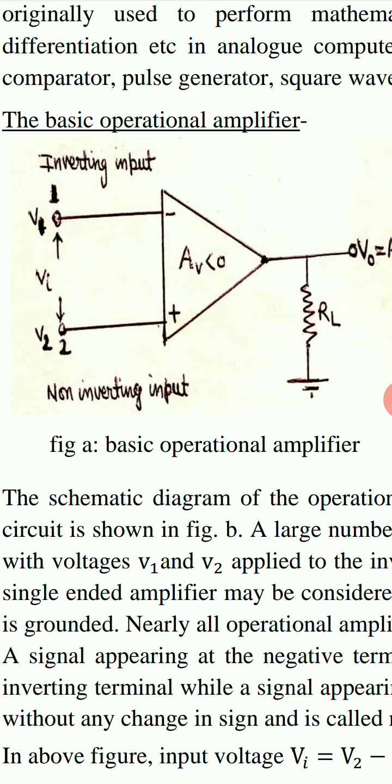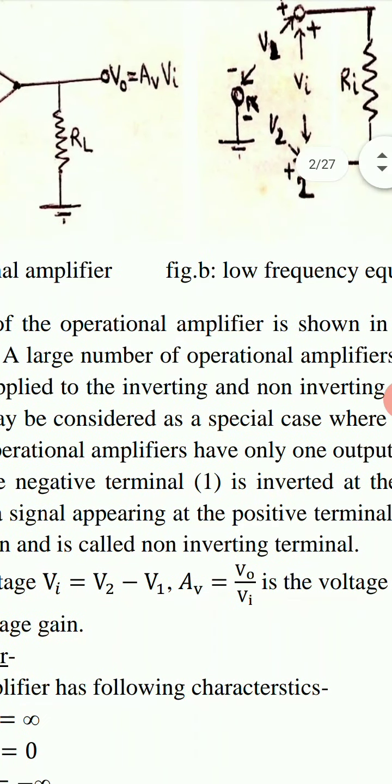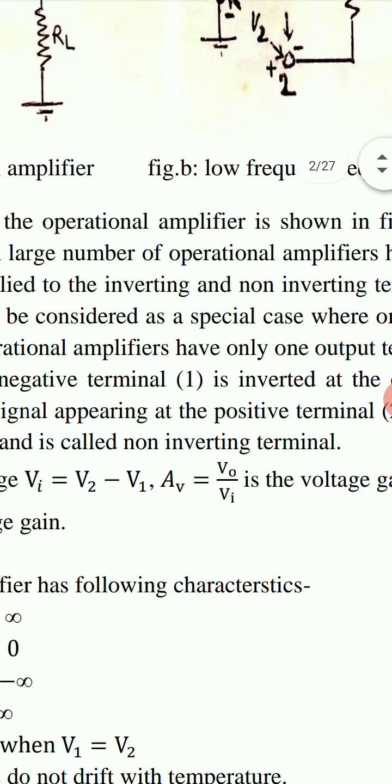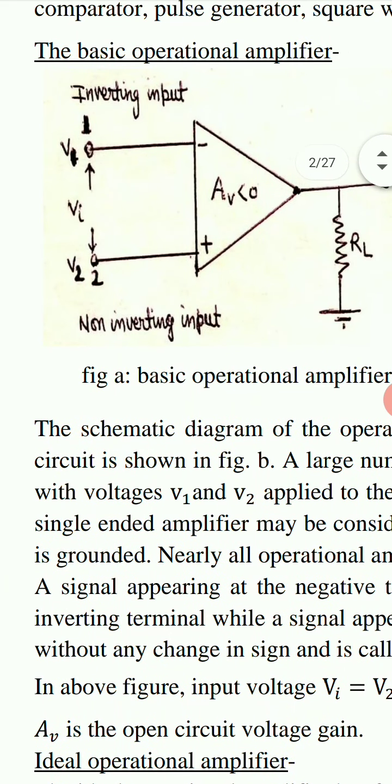In basic operational amplifier, there are two input terminals. Terminal 1 is represented by minus sign and terminal 2 is represented by plus sign. Terminal 1 is known as inverting input, while terminal 2 is known as non-inverting input.